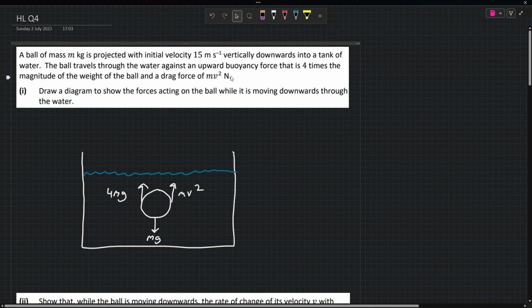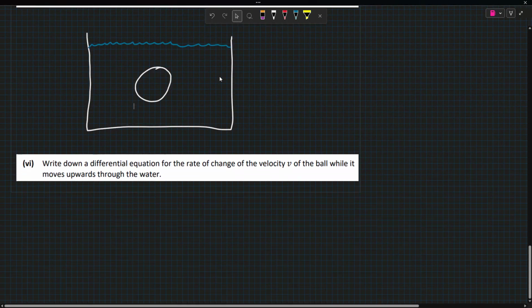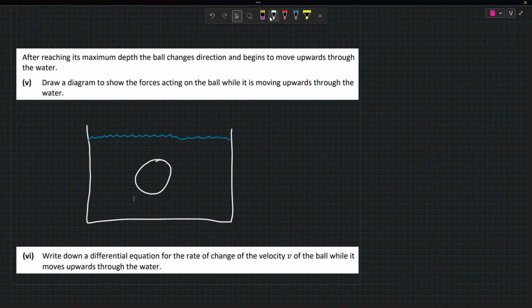It does say upward buoyancy force, but it could trip people up if they never met the term before. So we have the upward buoyancy force acting here, which is 4mg, and then the weight of the ball acting downwards, as well as the drag force of mv squared, because drag naturally opposes motion. As the ball is resurfacing, the drag will be against this direction.